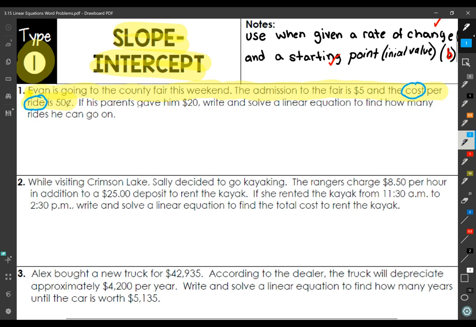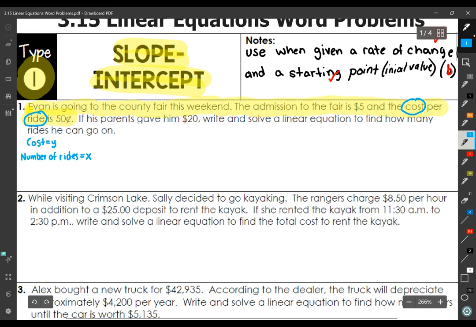Remember, cost will depend on the number of rides. So that means cost is our dependent variable, which is our y, and number of rides is our x.